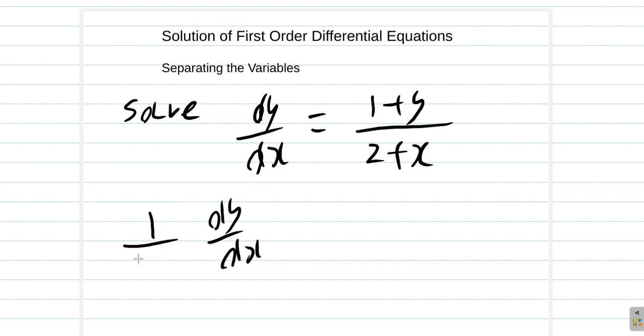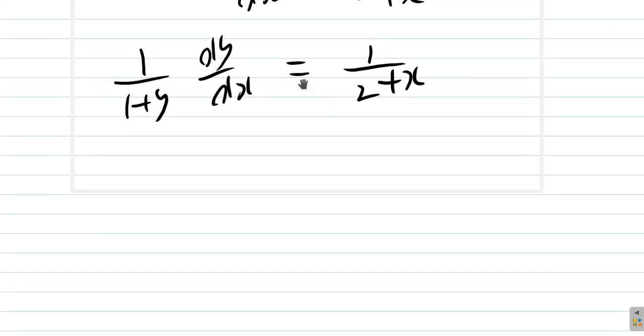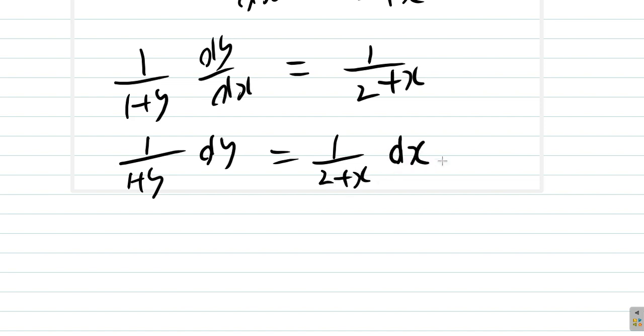So it's 1 over 1 plus y equals 1 over 2 plus x. Because if we divide this by 1 plus y, we would have 1 plus y under here, and we cancel out, leaving 1 up top. See that? But anyway, what we do next, multiply by dx, we have 1 over 1 plus y dy equals 1 over 2 plus x dx.